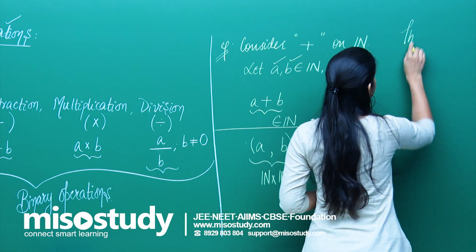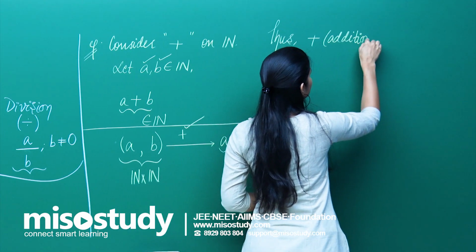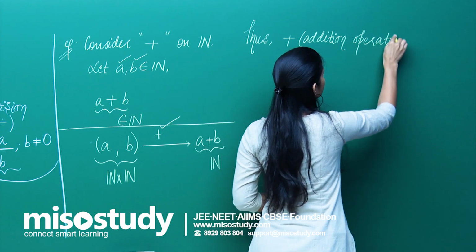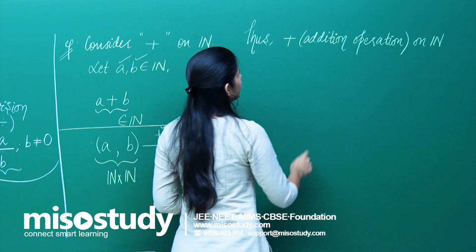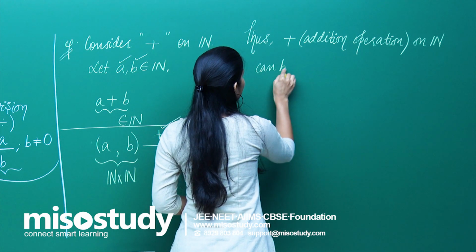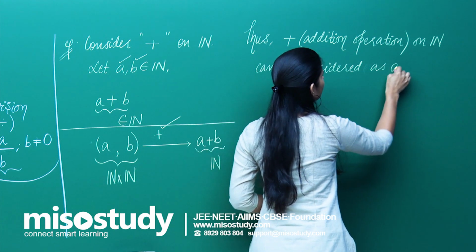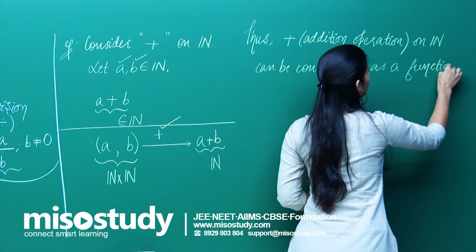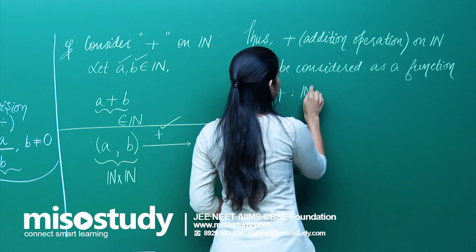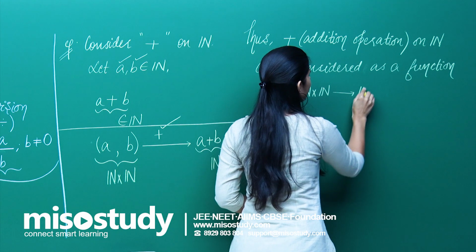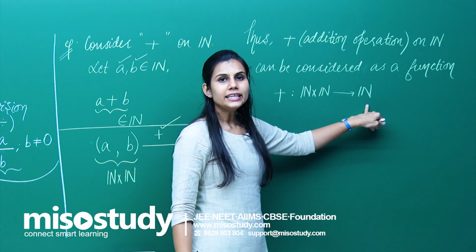I can say thus, the addition operation on the set of natural numbers can be considered as a function plus, from N cross N to N, because corresponding to each ordered pair I am getting a unique natural number.